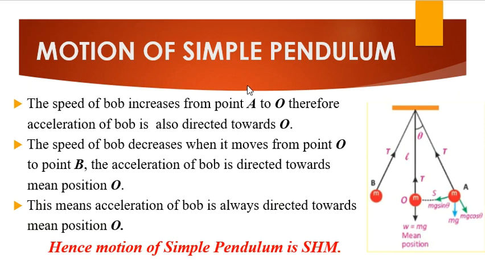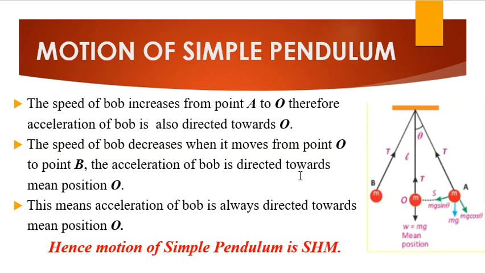Now one important point here is that the speed of the bob increases while it moves from point A to point O, and as we discussed, this is due to the restoring force which acts towards point O. Therefore the acceleration of the bob is also directed towards the mean position O. On the other hand, the speed of the bob decreases when it moves from point O to point B, and this is again due to the restoring force, which always acts towards the mean position.